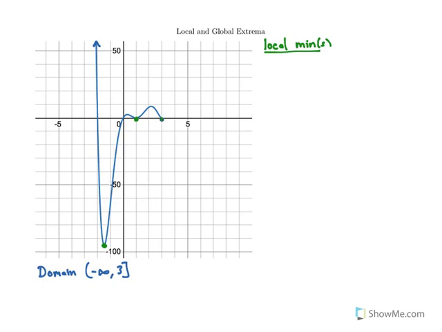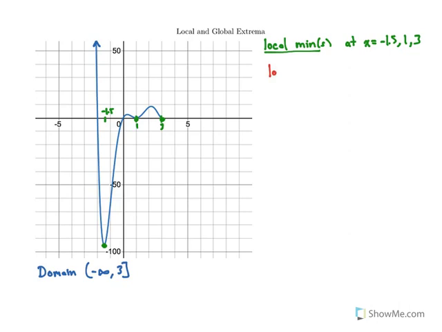And note that that endpoint at 3 is also a local min. So we have local mins at x equals, that looks like negative 1.5, right about there, x equals 1, and x equals 3. These are negative 1.5, 1, and 3.